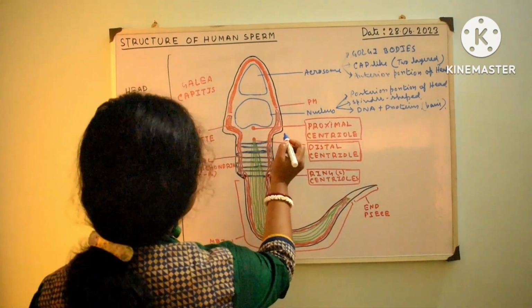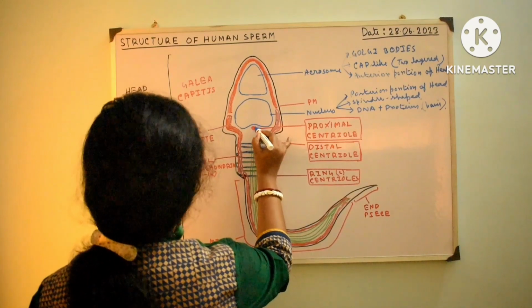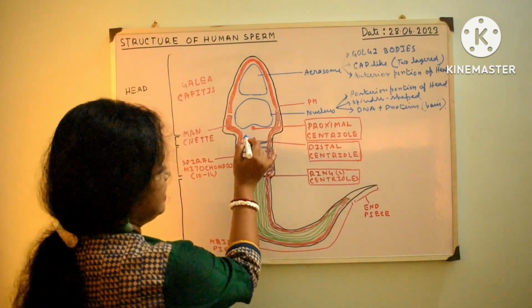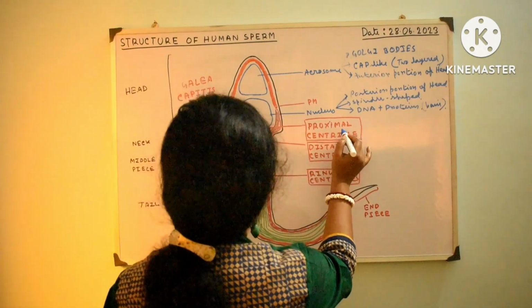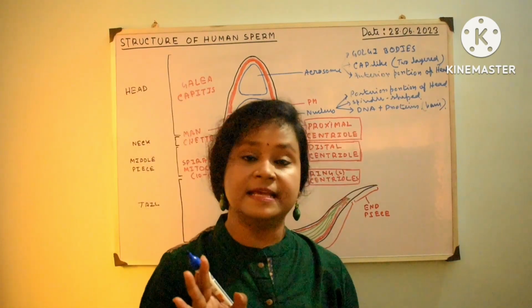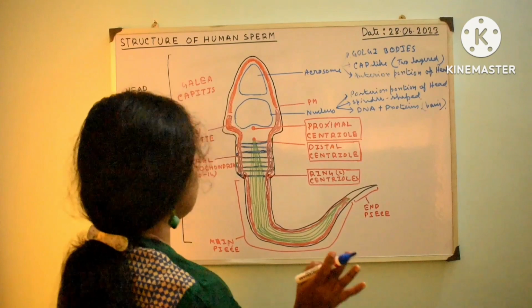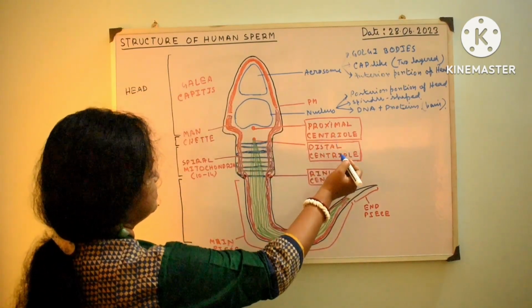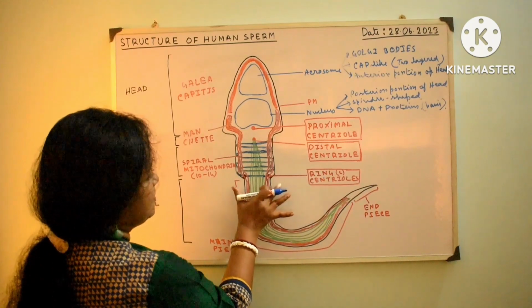There is a slight depression at the nucleus portion, the head portion, where there is the proximal centriole. If the question arises how many centrioles are present, there are basically two centrioles, the proximal centriole and the distal centriole, and there are also ring centrioles.